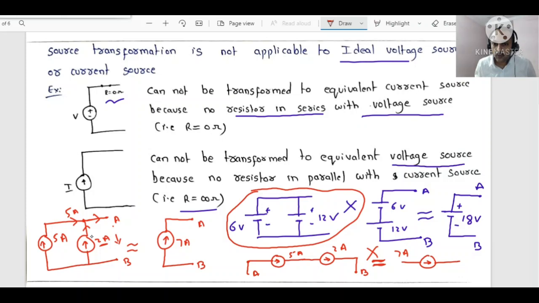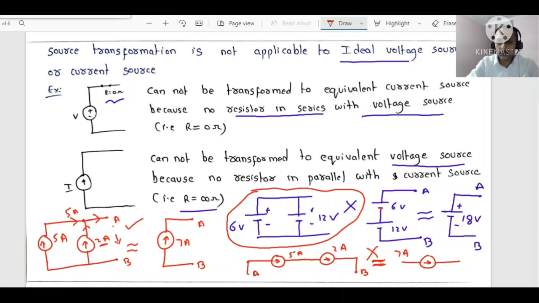If two voltage sources of different values are connected in series, 6 plus 12, you can add them up. Similarly, two current sources of different values in parallel, you can add up and make one single current value. Based on this we will solve some of the problems.